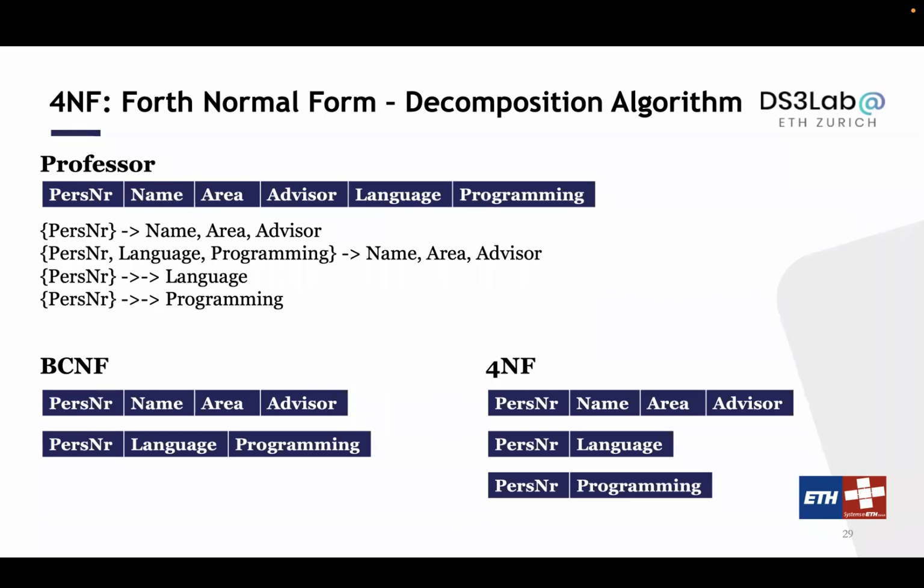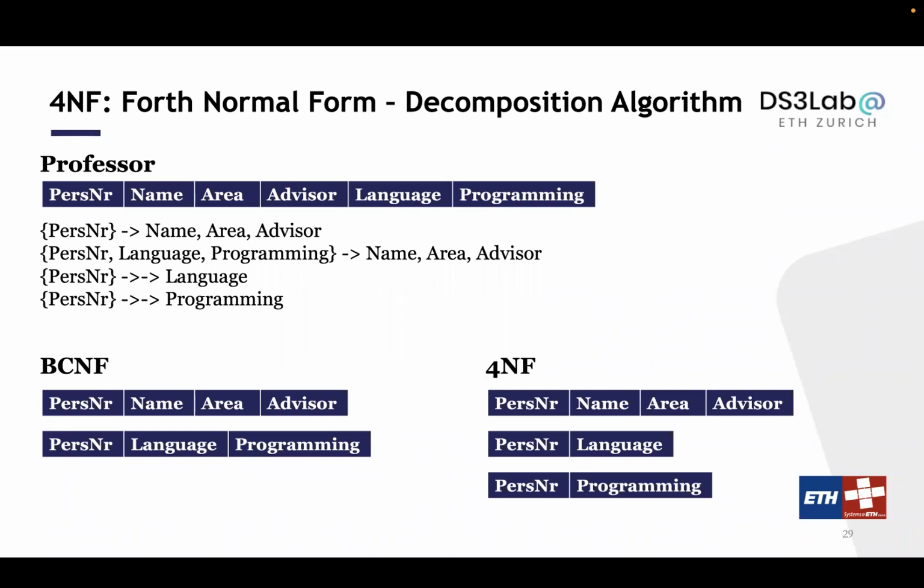Okay, so once you have these four different dependency rules, you can actually run the decomposition algorithm for BCNF and for fourth normal form. If you run that for BCNF, what are you going to have? For this one, the only evil functional dependency here is the one from personnel number to name, area, advisor, right?